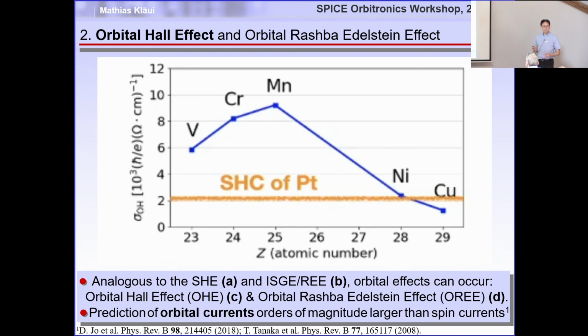Now, one very motivating slide, which I took from Dong Wook, is this one here, where we compare the conductivity, the spin Hall conductivity, and the orbital Hall conductivity. We saw that if you compare the theoretical calculation of platinum and manganese, we can get an order of magnitude more orbital Hall conductivity.